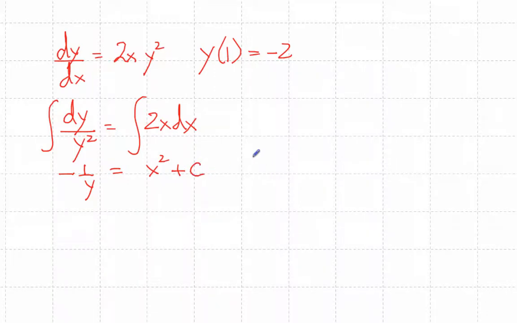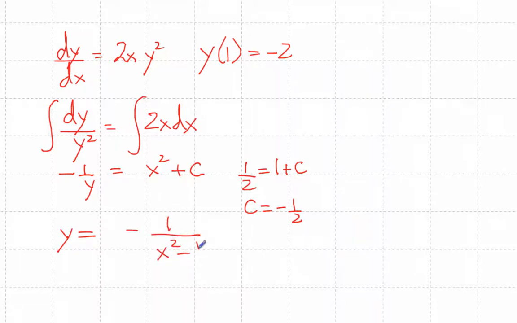Now, when x is equal to 1, y is equal to minus 2, so we have a half is equal to 1 plus c, and from here c is equal to minus a half. Therefore, we can write our solution y as minus 1 over x squared minus a half. And now that's the solution to our equation.